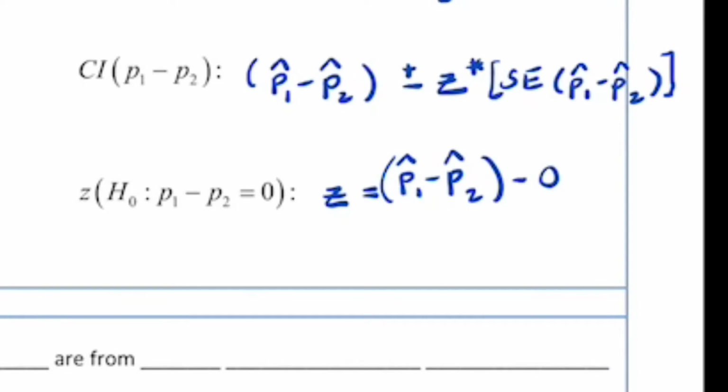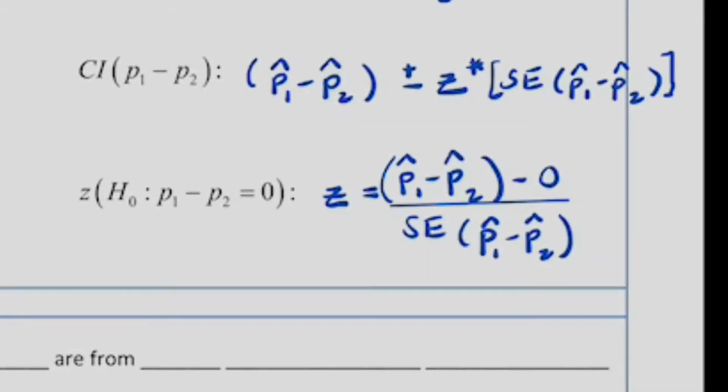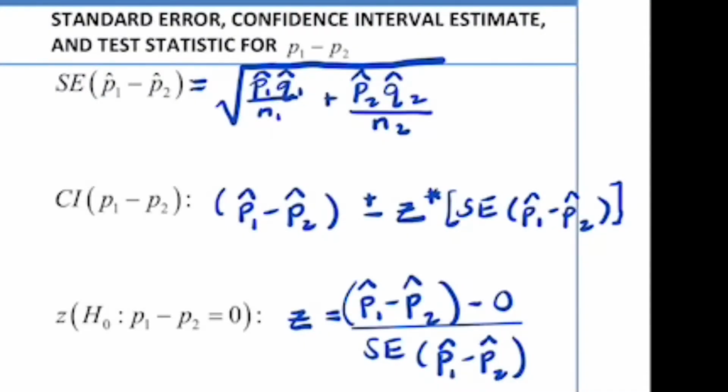Some textbooks are going to put minus quantity P1 minus P2, but since we're assuming that to be 0 under the null, we're not going to worry about that. And that's divided by the standard error of the difference between P hat 1 and P hat 2. All right, so just as a reminder, the standard error is this expression here. And so that's what you would plug into the standard error for these two.